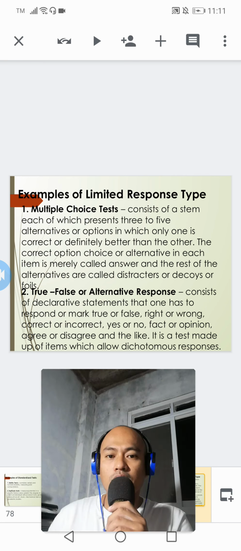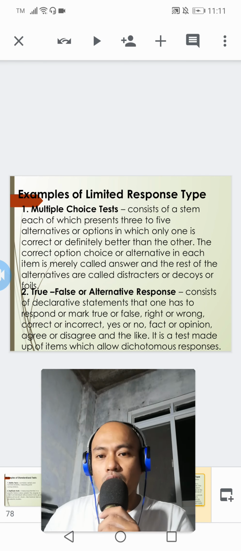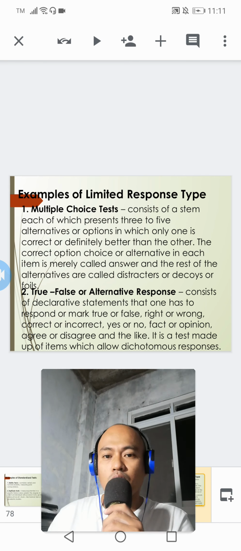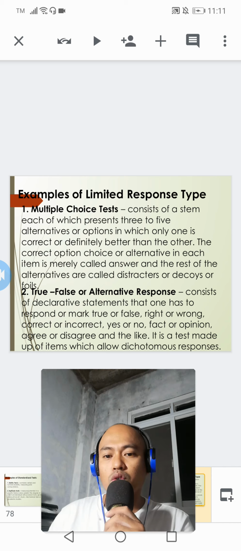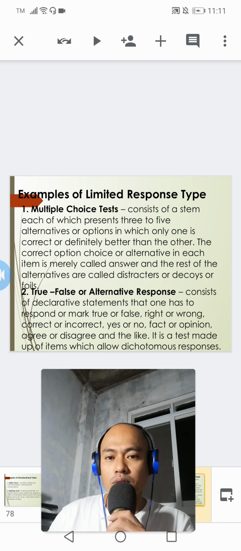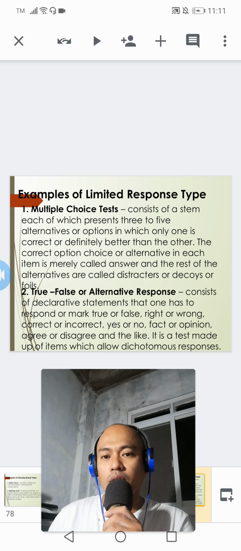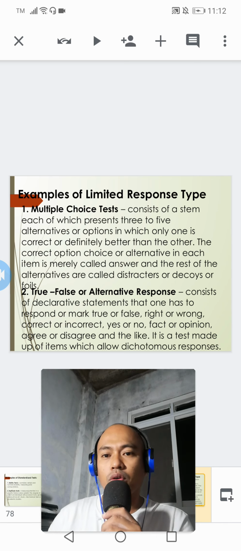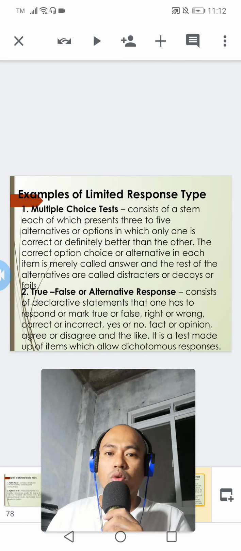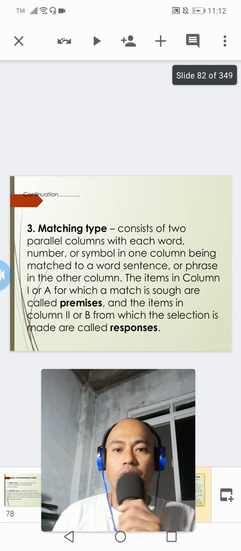It is a test made up of items which allow dichotomous responses. The word dichotomous means there are only two possible choices. As we said a while back, whether it is true or false, right or wrong, correct or incorrect, yes or no, and among others. So this is what we call the alternative response or the true or false type of test.